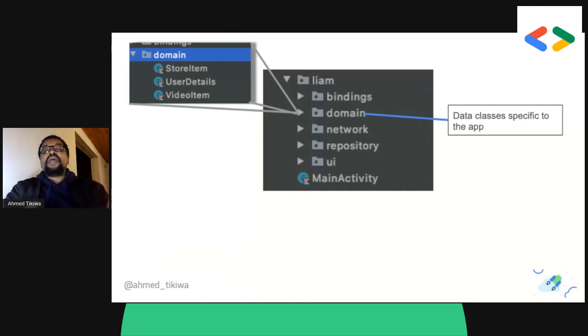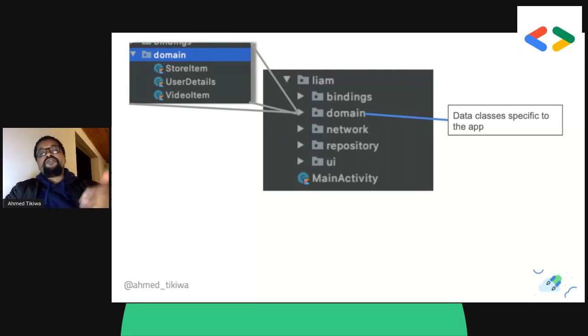These are independent of how the network or the database data classes are structured. So when in my layouts I want to display things, I'm going to be using the domain models to display the content that I want to show. Again, this is all personal preference, but it just helps me organize things better.